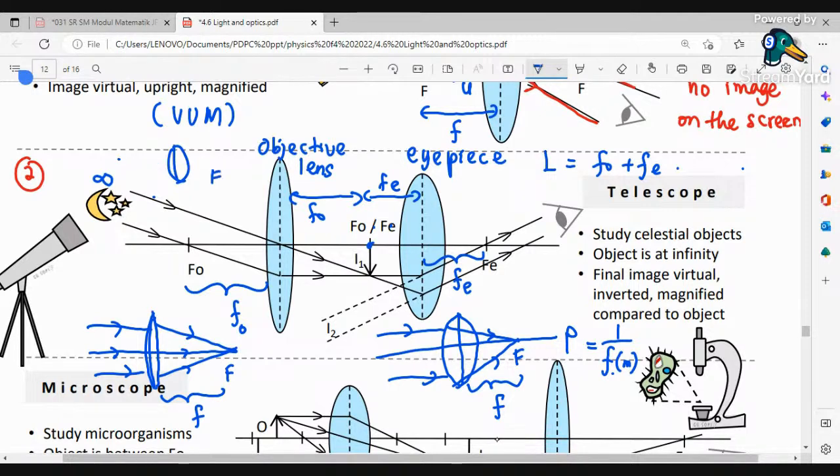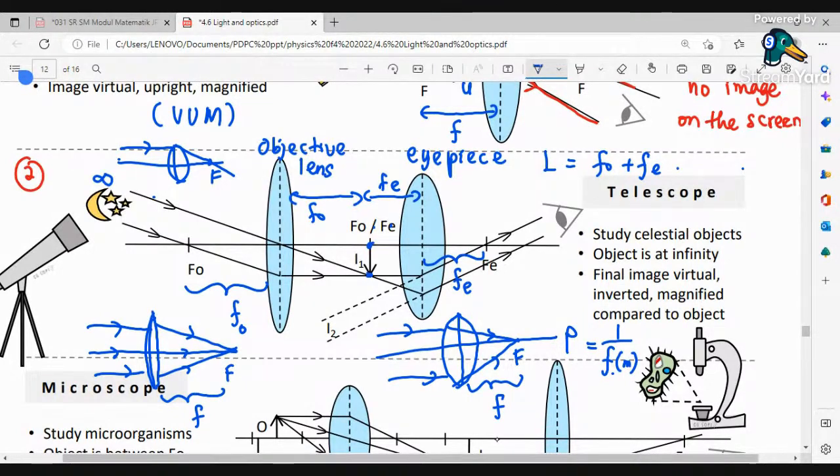Okay, ini F. Parallel to principal axis converge to F. Means kalau terbalik, F dia akan jadi parallel. Okay, pass through F dia akan refract parallel. So ini kita dapat. So you can see the two light rays meet here at the focus point, focal point.